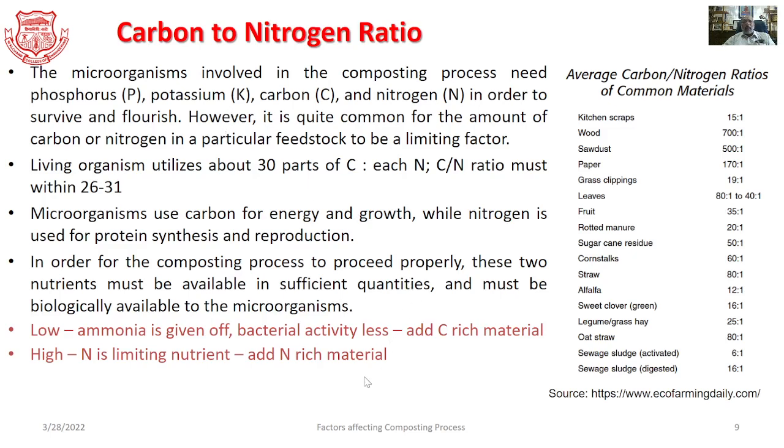One of the important parameters is the carbon to nitrogen ratio. The microorganisms involved in the composting process need various nutrients such as phosphorus, potassium, carbon, and nitrogen in order to survive as well as flourish and maintain their metabolism.